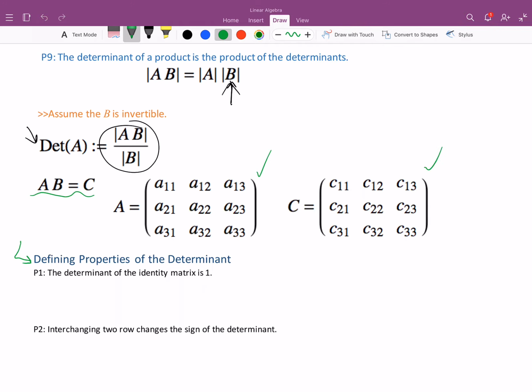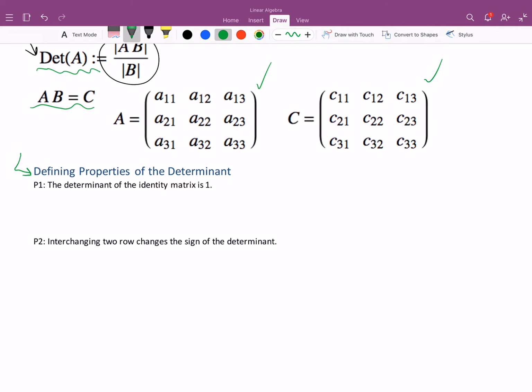Let's prove that the determinant of the identity matrix is 1, again using this definition. So this det of the identity, according to that definition, is the determinant of the product identity times B, divided by the determinant of B, for any invertible B. Well, IB is just B, because the identity matrix times any matrix is the original matrix, and we get 1.